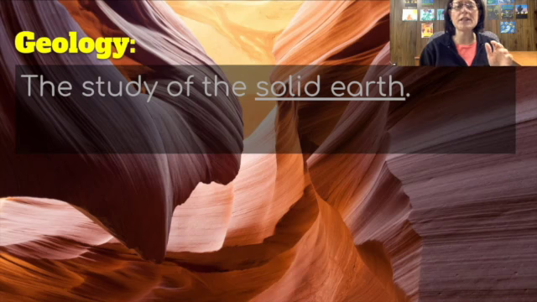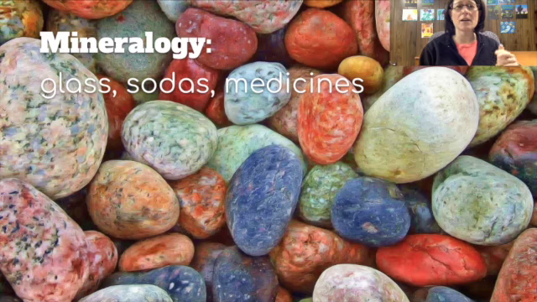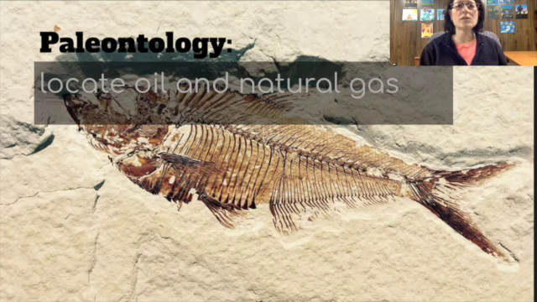Now, geology is broken down into many fields, and some of the fields we will study are mineralogy, which is the study of rocks and the minerals that make up rocks, and through mineralogy we can apply it to making glass, sodas, soda pop, and medicines. We also will talk about paleontology, and this is the study of artifacts and fossils, and paleontology can help us locate oil and natural gas.